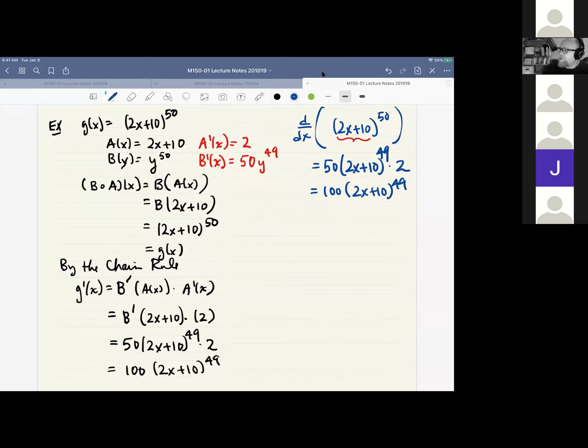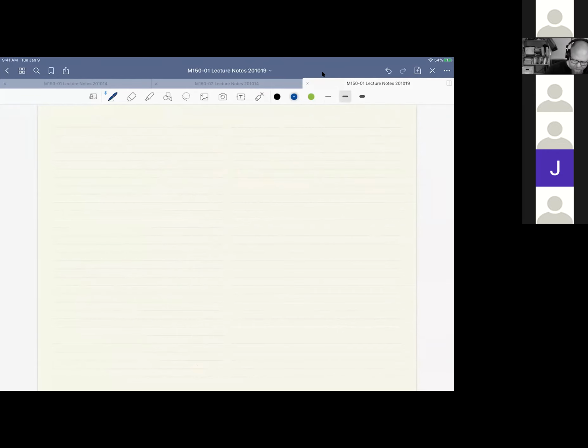So let me show you one more thing in the few minutes we have remaining. Suppose g of x is a differentiable function.